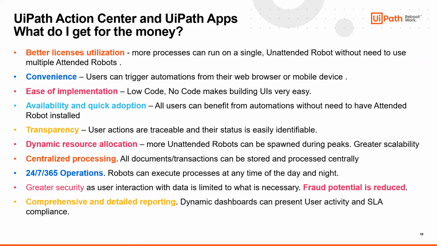And finally, because all of this is happening within the UiPath platform, we have a very easy way to create dynamic dashboards presenting user activity, SLA, and quickly identify bottlenecks if they arise. All these benefits come straight out of the box, and it's up to you to start using UiPath Apps, start using Action Center, and build more efficient automations.